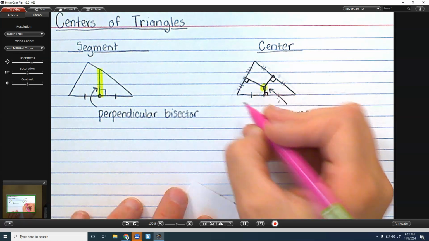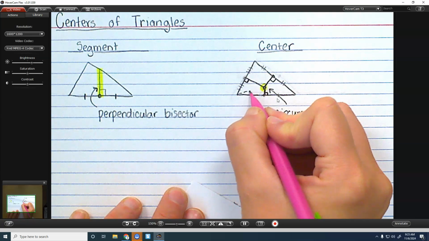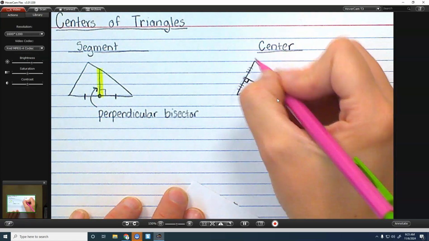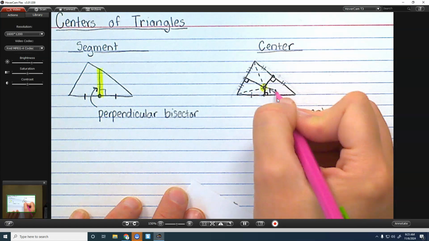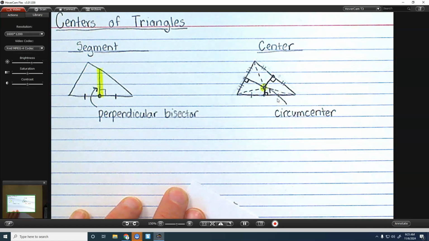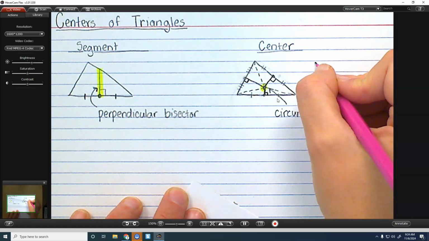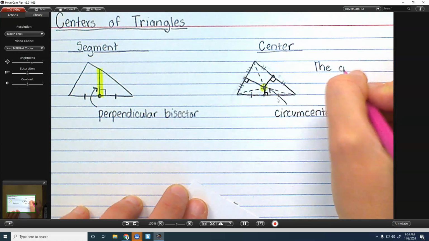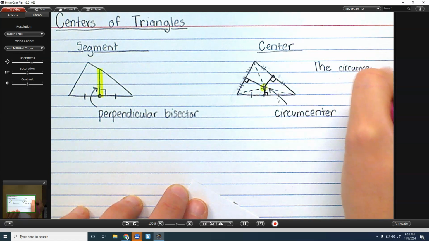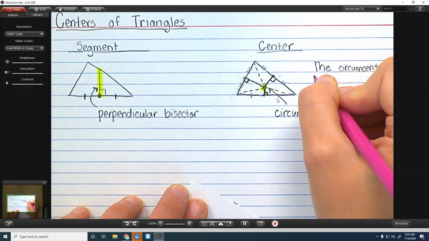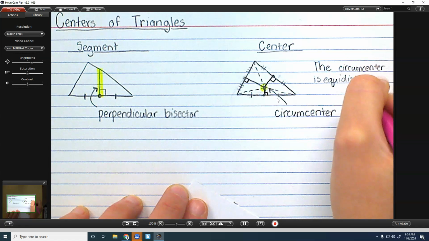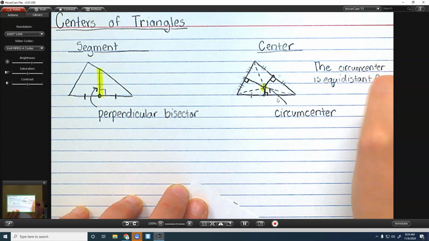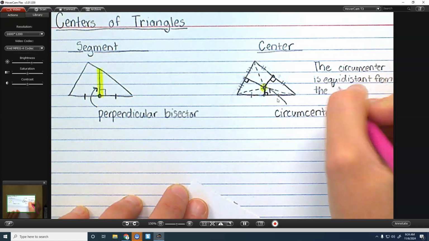So I'm going to draw in a dotted line here, a dotted line here, and a dotted line here, and I'm going to write down: the circumcenter is equidistant from the vertices.